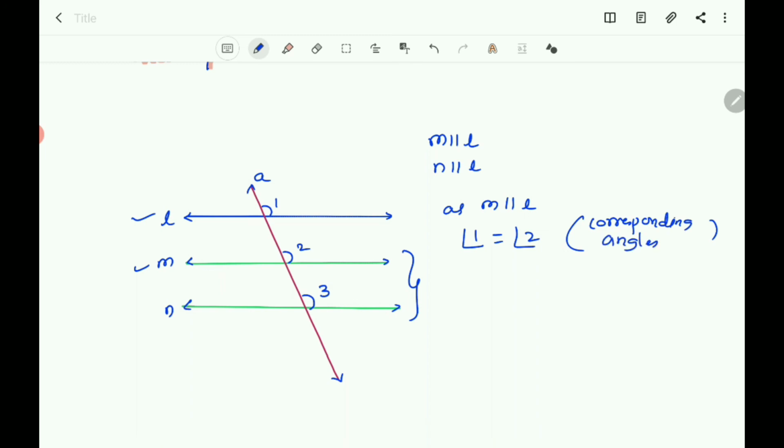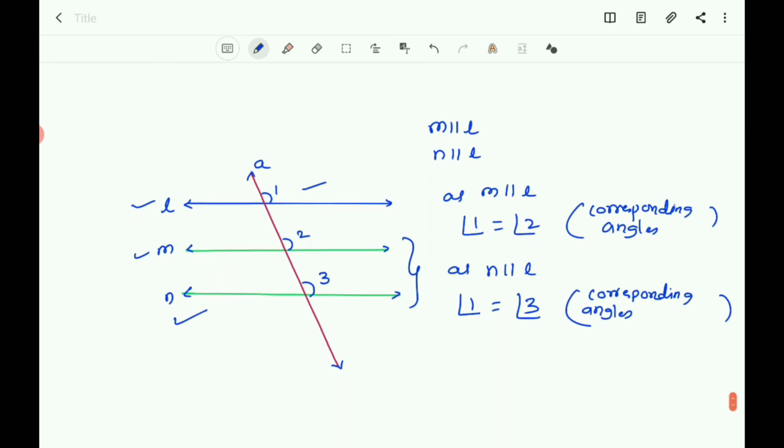And again you know that as N is parallel to L, then again you have angle 1 is equal to angle 3. Same reason you can give. They are corresponding angles made by the transversal of the parallel lines N and L.